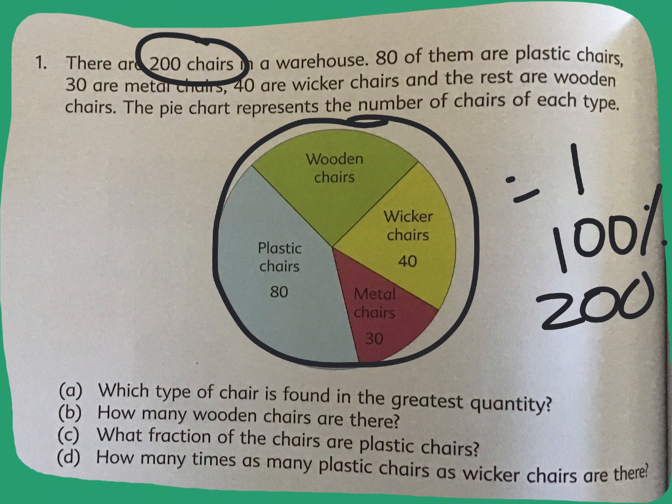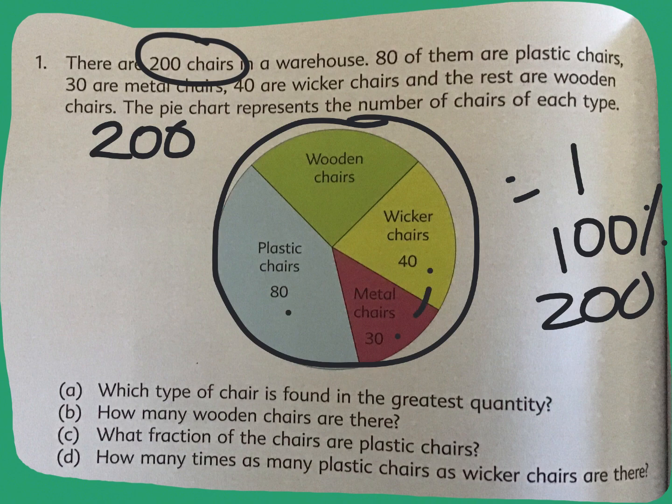What type of chair is found in the greatest quantity? Well, between 80, let's fill in these: 80 plastic, 30 metal, 40 wicker.